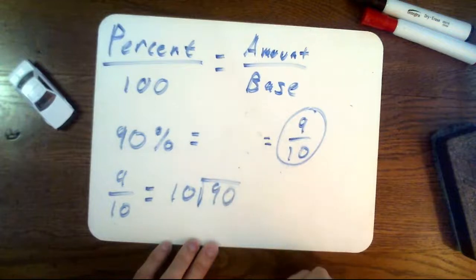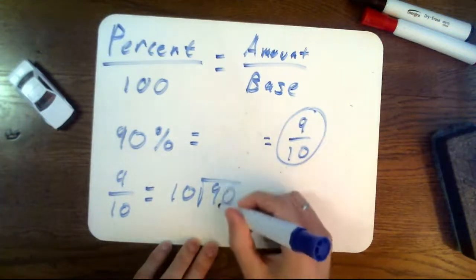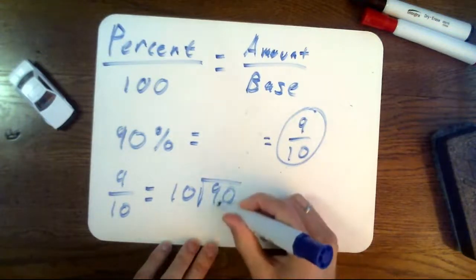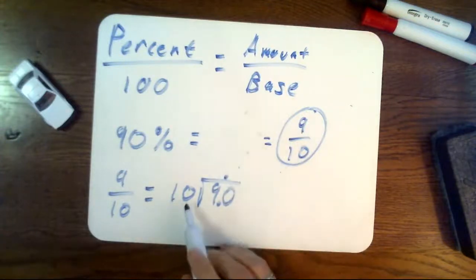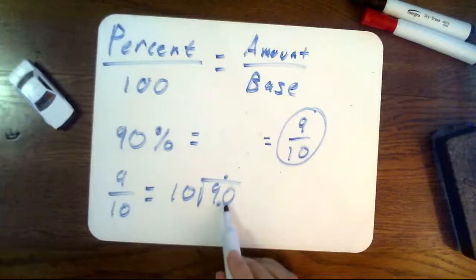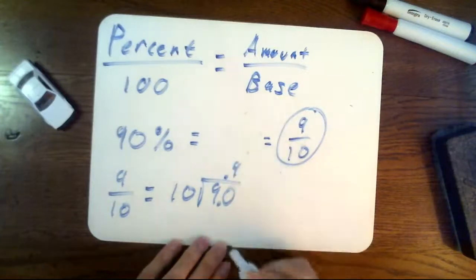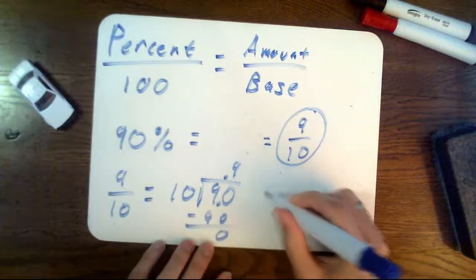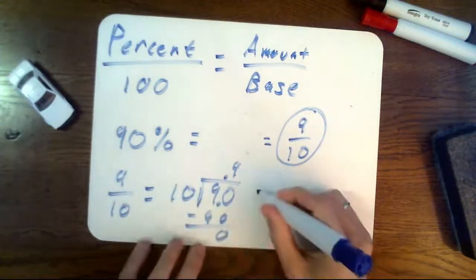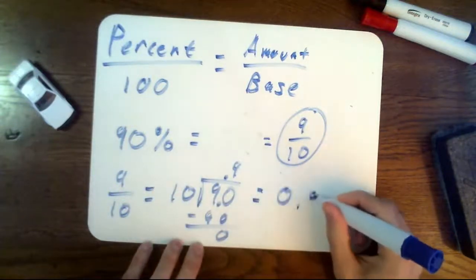So we add a 0 to it. Since this was 9 in the beginning, we have to put a decimal place here, meaning there's a decimal place right here. So how many times can 10 go into 90? It can go into it 9 times. So 9 over 10 is the same as saying 0.9.